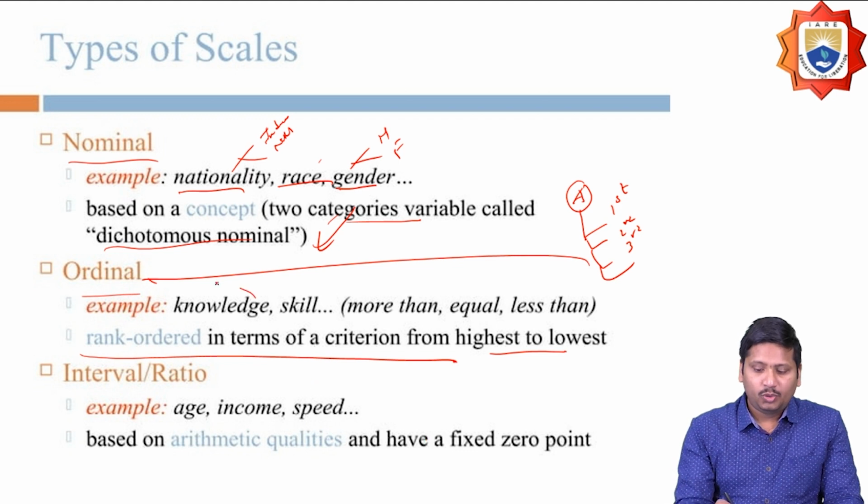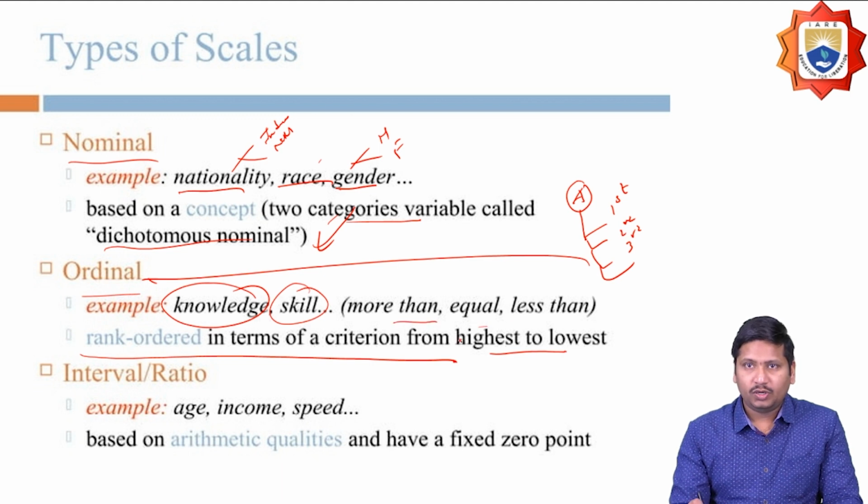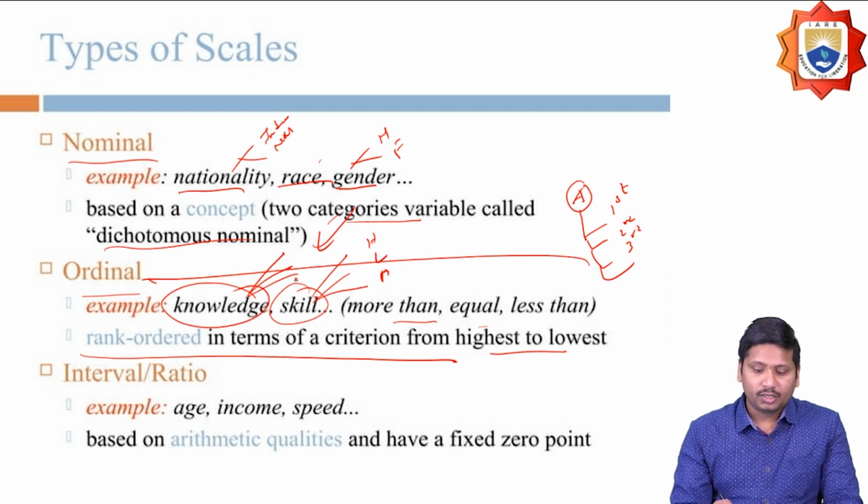For example, knowledge and skills, or more than, less than, equal to. High knowledge, moderate, and low; high skills, low skills, and moderate skills. If we classify like this, it all comes under the ordinal scale.